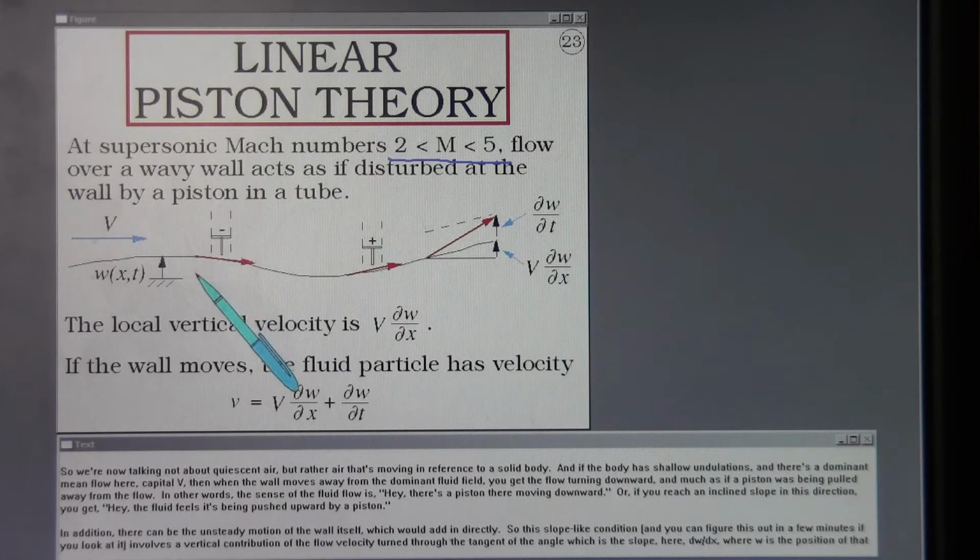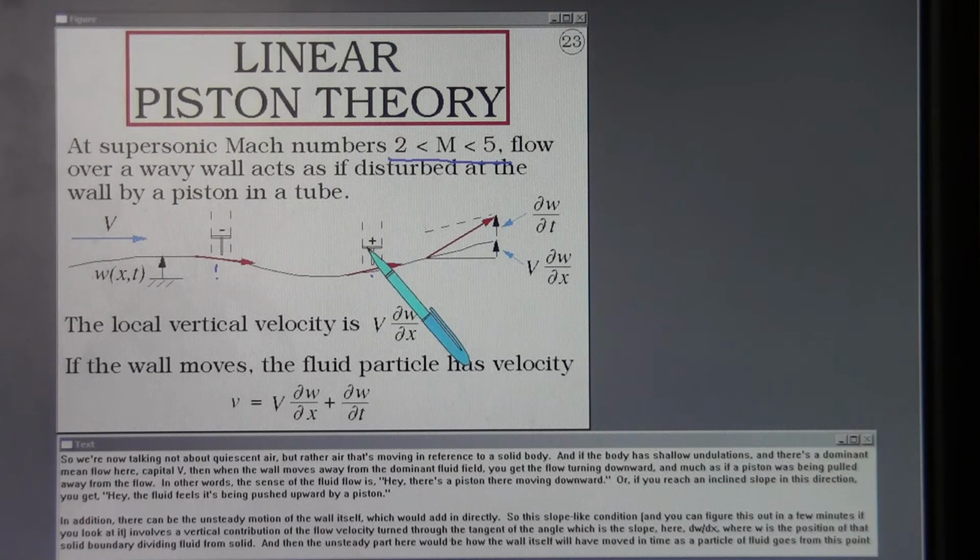In other words, the sense of the fluid flow is, hey, there's a piston there moving downward. Or if you reach an inclined slope in this direction, the fluid feels it's being pushed upward by a piston. In addition, there can be the unsteady motion of the wall itself, which would add indirectly.